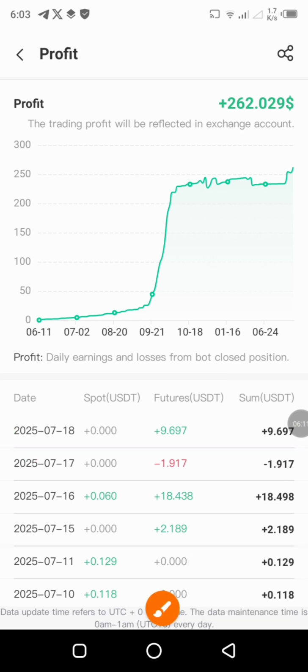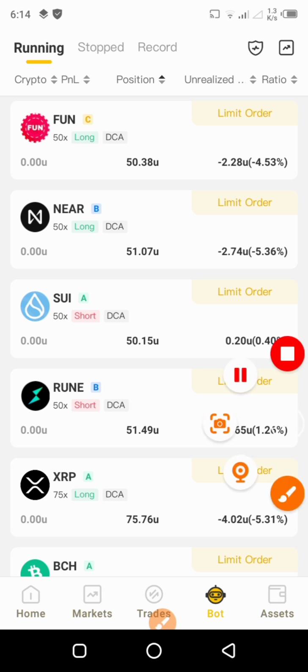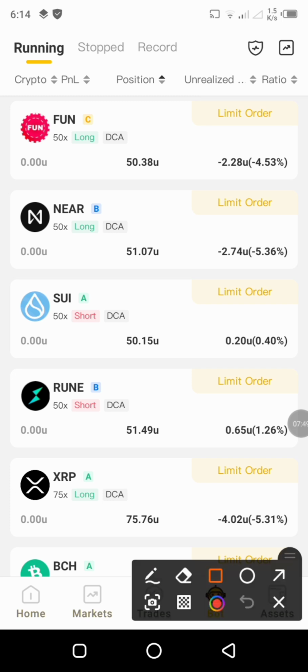So the hedging, let me quickly go back to my trades. These are the coins I'm trading at the moment, and I was able to deploy the hedge strategy on some of the coins that were going against my trend. I deployed the hedge strategy on the Sun.